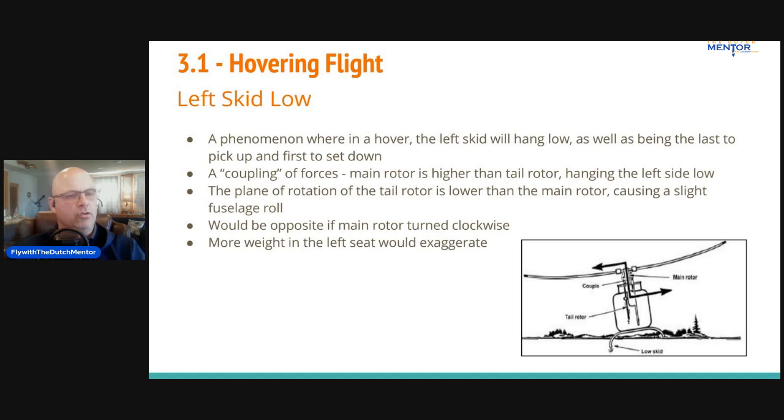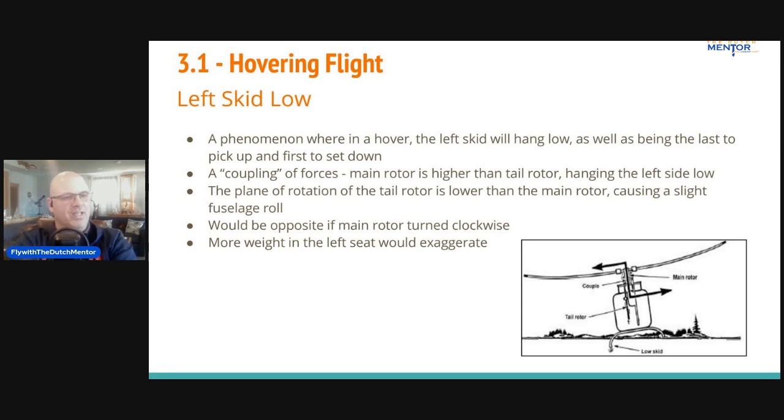But that's really not just a case of having a heavier person on the left or fuel, right? There are other phenomena at play here. In a hover, the left skid will hang low, as well as being the last to pick up and the first to sit down itself. It is the coupling of the force.